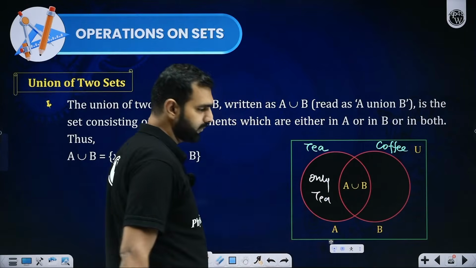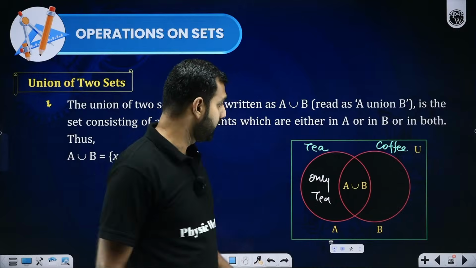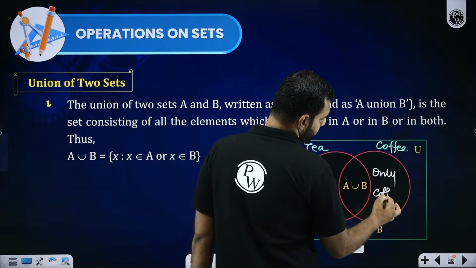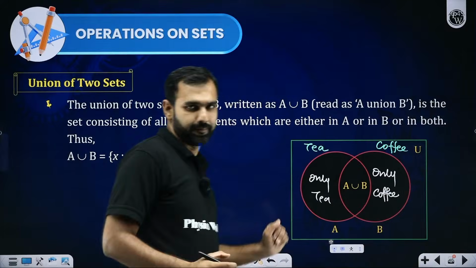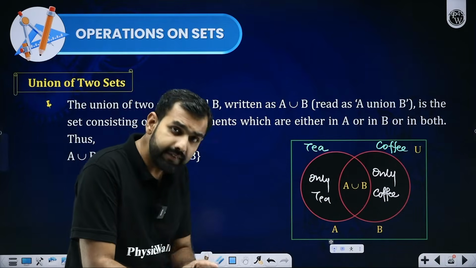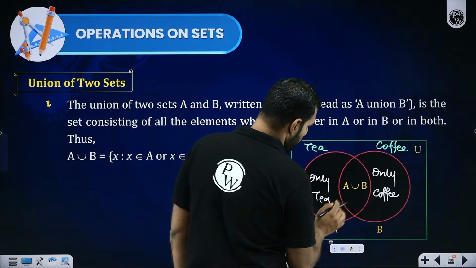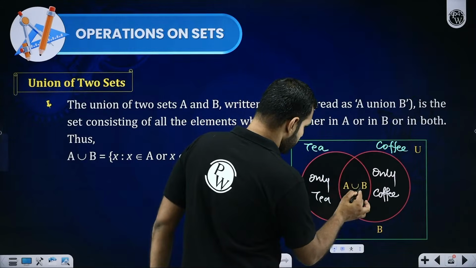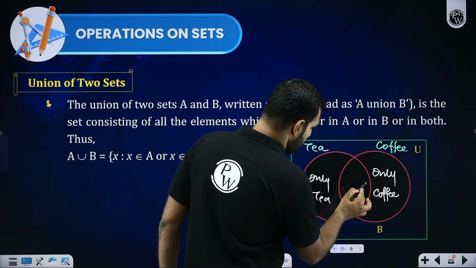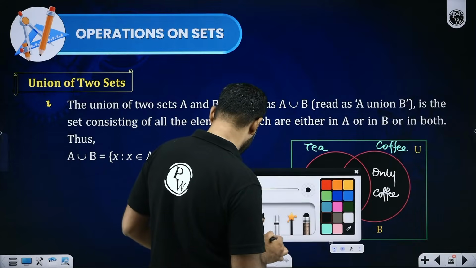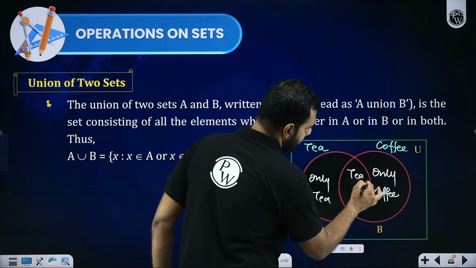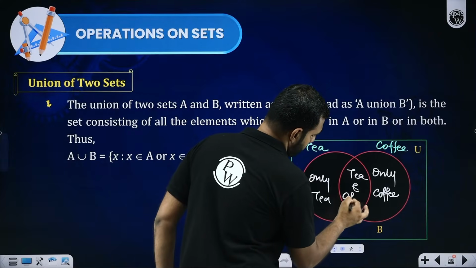Yes or no? There are certain people in our class who like coffee only, which means they don't like tea. And there are certain people in our class who like tea and coffee both.